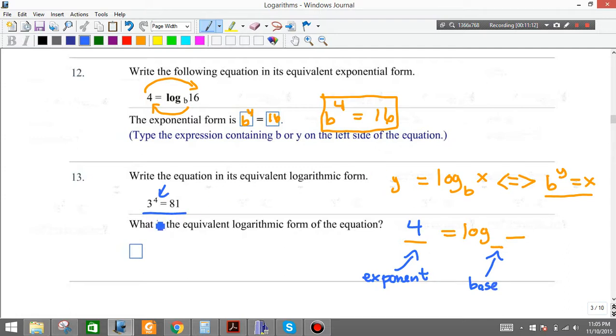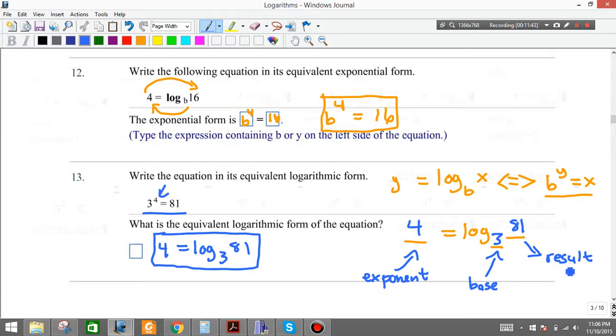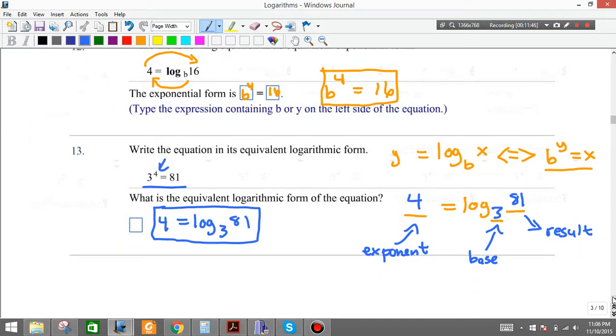And therefore, because this is 3 to the 4th, it's the 3 that is having a power on it. And so 3 goes here. Process of elimination, the 81 goes there. So you can always just say this is the result on the other side of the equal sign. So the answer is 4 equals log base 3 of 81. That is the logarithmic form of this exponential equation. And we'll do that for the next few problems.